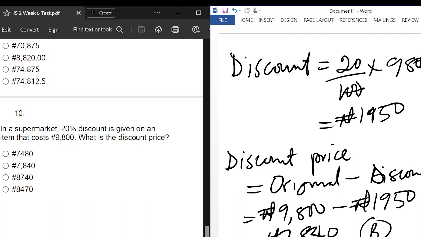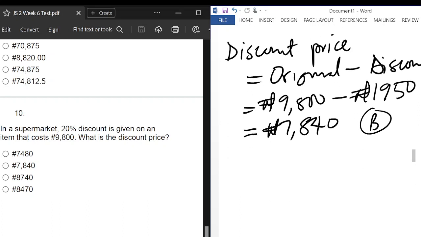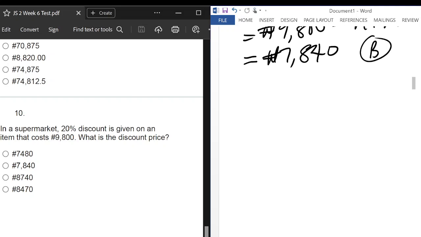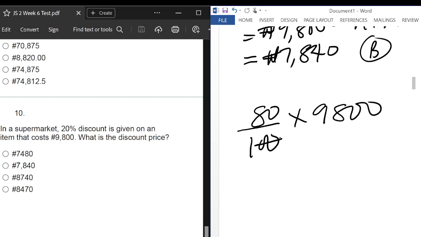That is 7,840. And if you want to use the other method, the discount price straight will be 80% of 9,800. This is going to be straightforward. So 98 times 80 gives the same thing, 7,840.